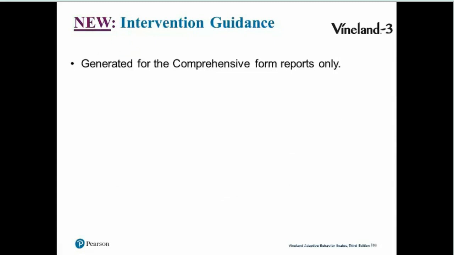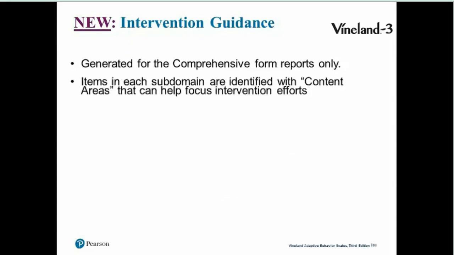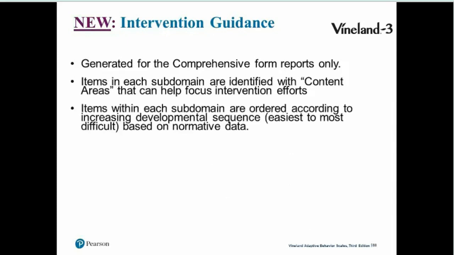The intervention guidance is a very nice part of the Vineland 3 report. It's generated for the comprehensive forms, and the items in each subdomain are then identified with content areas. This helps you focus where the intervention effort should take place. What the computer can do is take each item within a subdomain and order the items according to increasing developmental sequence, so the easiest or lowest developmental behavior to the most difficult.